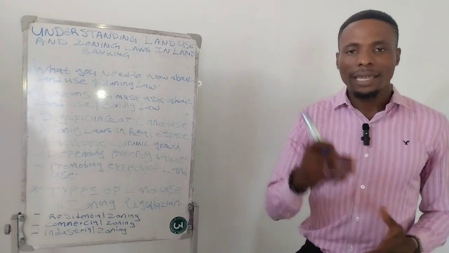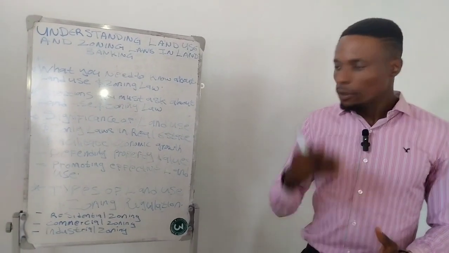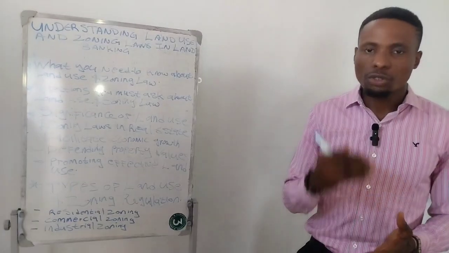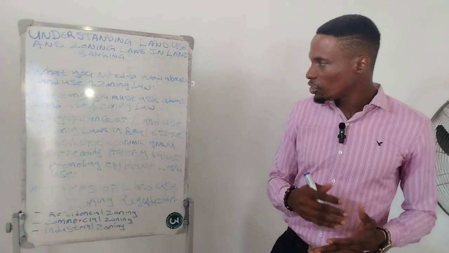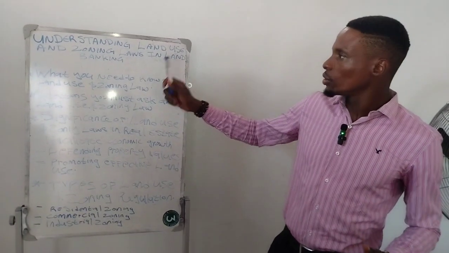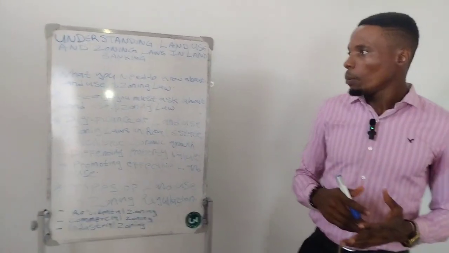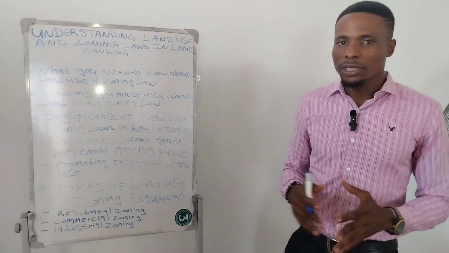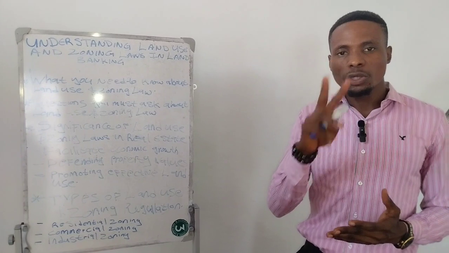This is also targeted at increasing the economic growth of the area and providing, of course, job opportunities for those around that area. Now, there are advantages of the land use and zoning laws, and there are also the risk factors, but we're not going to be looking at it today because, as I said earlier, it's actually a long topic. We are going to give it 2 days.